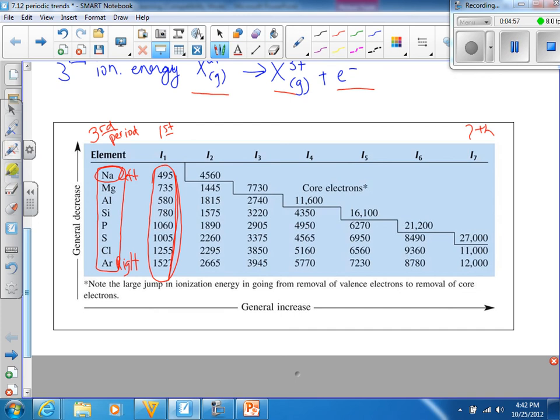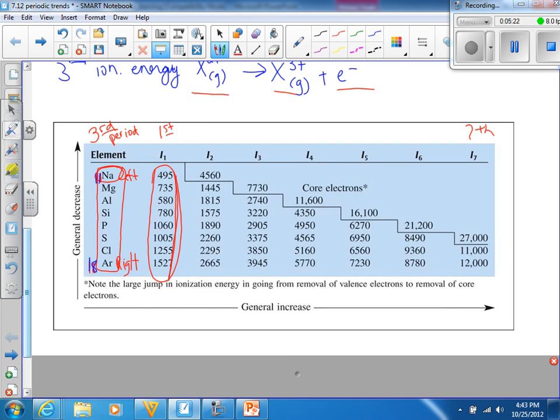Sodium's number 11, and argon is number 18. So sodium's got 11 protons, argon's got 18 protons. Who's holding that electron tighter? Sodium with 11 protons or argon with 18 protons?